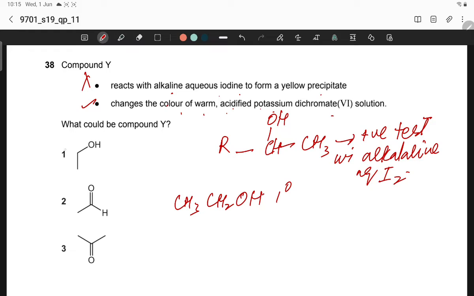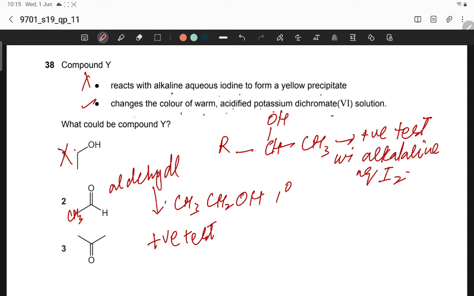So in this case, this is an incorrect statement. This is CH3 aldehyde. This also gives a positive test when reacting with alkaline aqueous iodine to form a yellow precipitate, and also changes the color of warm acidified potassium dichromate solution because it changes into carboxylic acid. So this is correct.